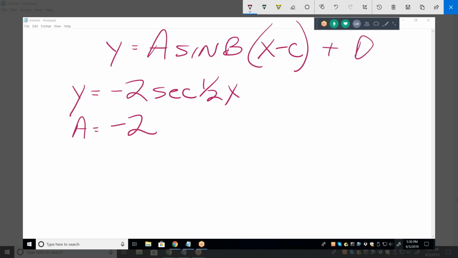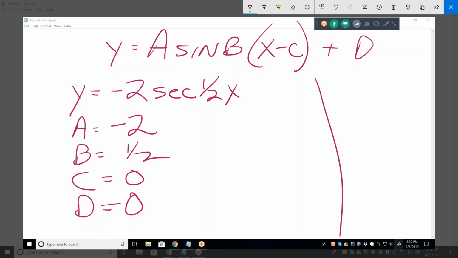What is B? 1/2. What's C? 0. And D. 0. Okay. And you're supposed to graph these, right? Yep.